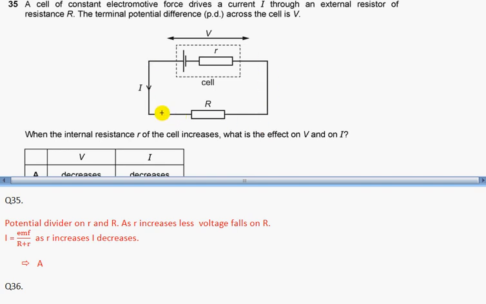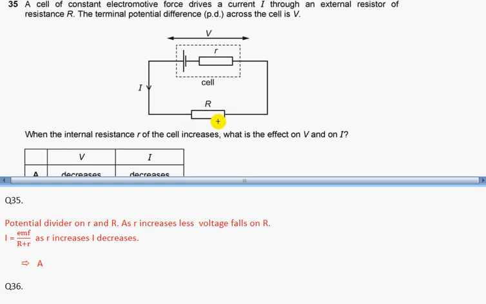So when resistance r increases, current through the circuit decreases, and as a result, less voltage falls on R and less voltage is shared.